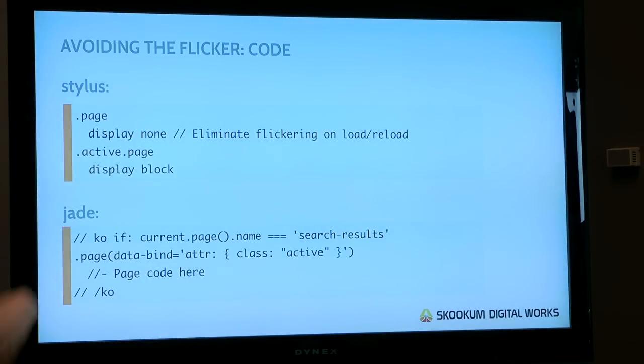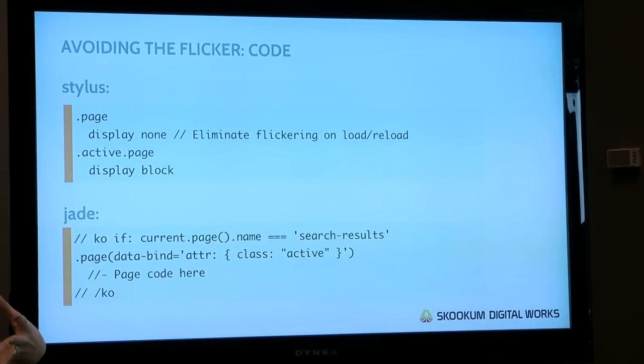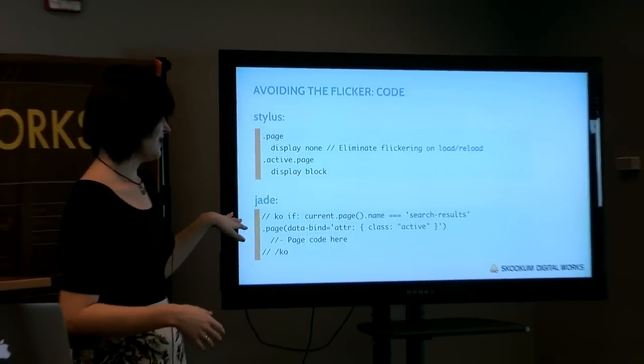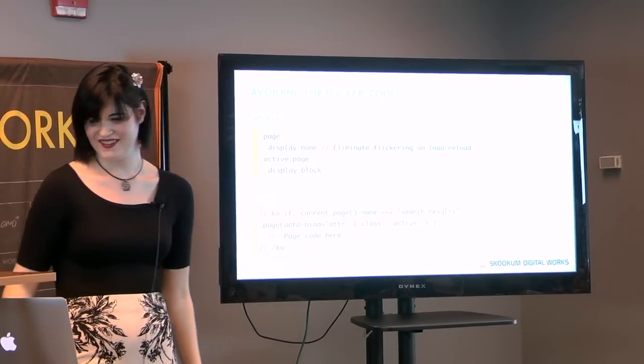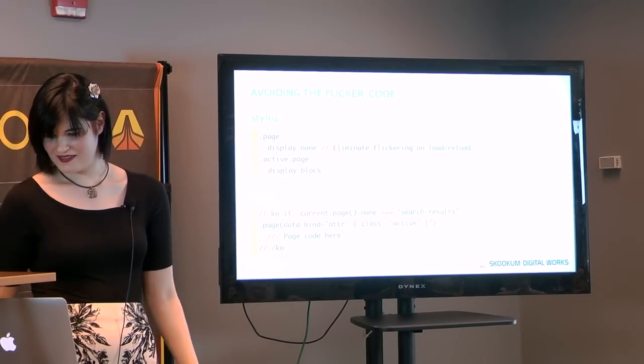So the flicker thing can be really jarring, and sometimes you'll see it when you're navigating between views. So this is a really simple trick. It's super annoying if you haven't figured it out yet. So there's that.